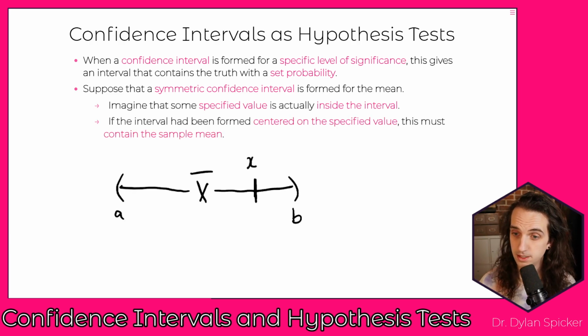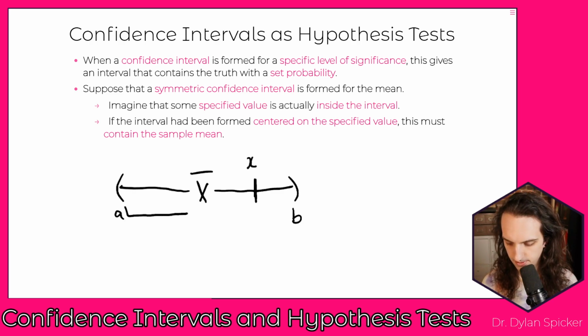Now, if this interval had been formed centered on this specified value rather than on the sample mean itself, that must also contain the sample mean. And what do we mean by this? Well, we have some distance right here, which we call our margin of error. The same distance occurs right here, the margin of error.